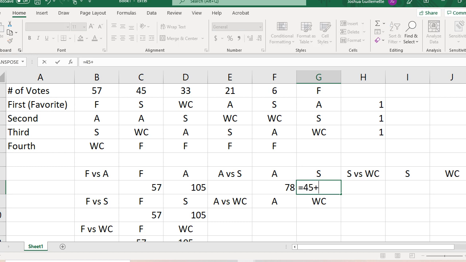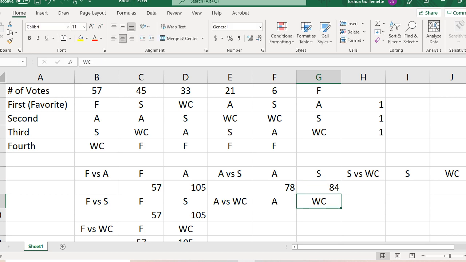Supergirl over Arrow here is going to be 33 votes. And Arrow over Supergirl here. And then Supergirl over Arrow here is going to be 6 votes. So, Supergirl actually wins over Arrow, right? With 84 out of 78 votes. So, Supergirl has a win.